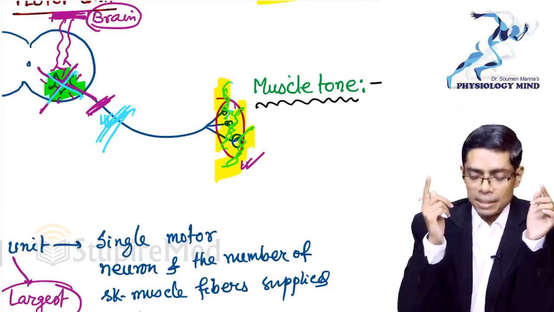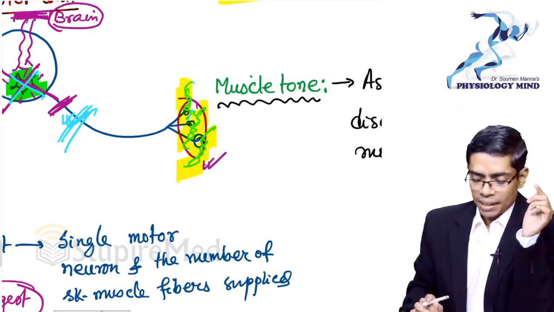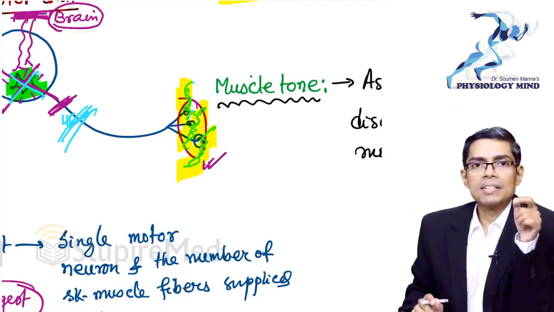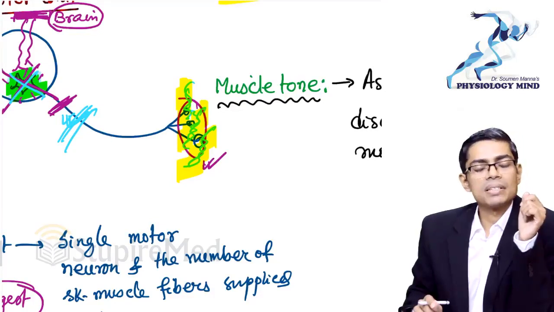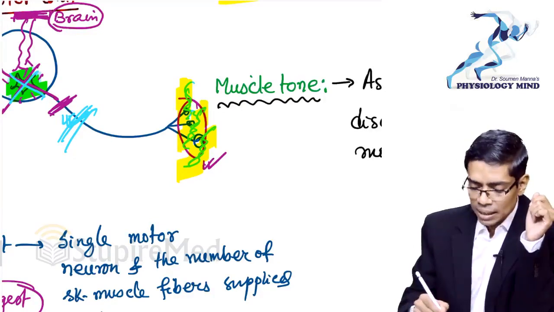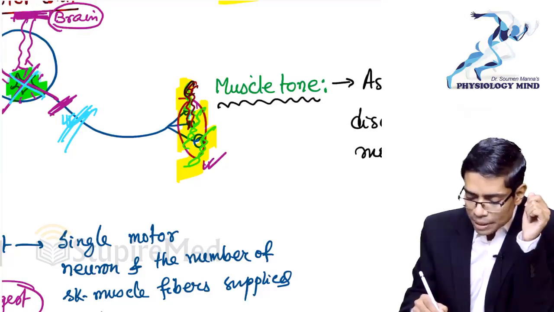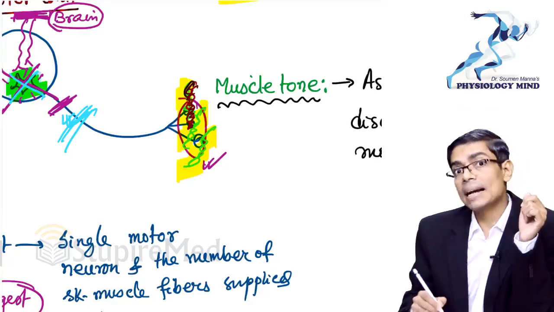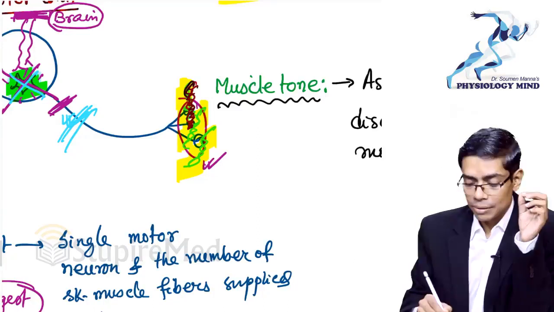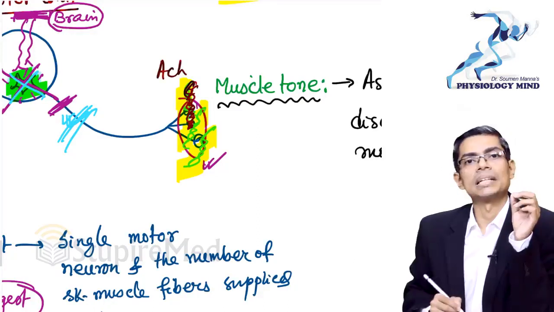So whenever this occurs, there is a phenomenon which is known as denervation hypersensitivity. What do you mean by that? It means these individual muscle fibers now become very hyperactive to a smaller amount of ACh, acetylcholine.